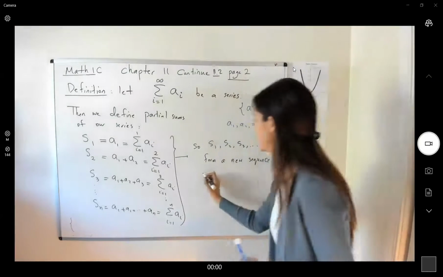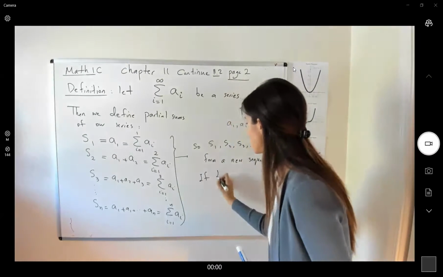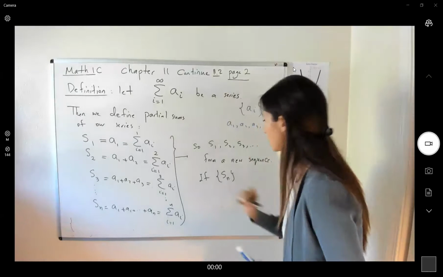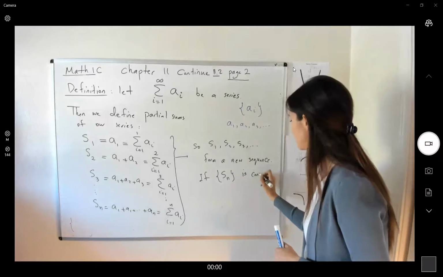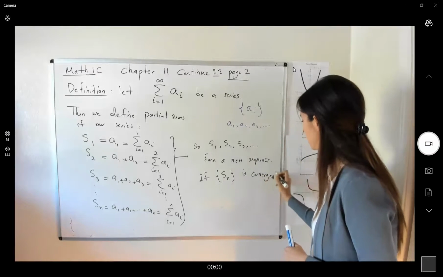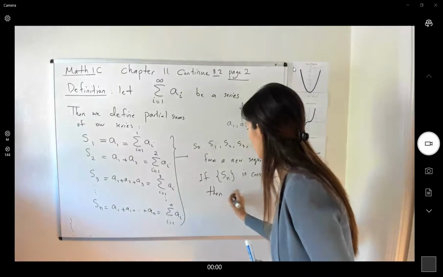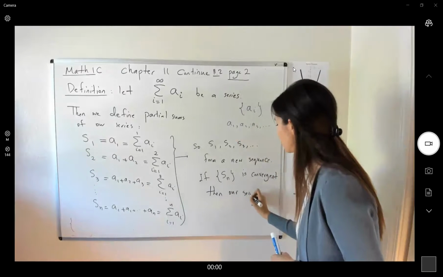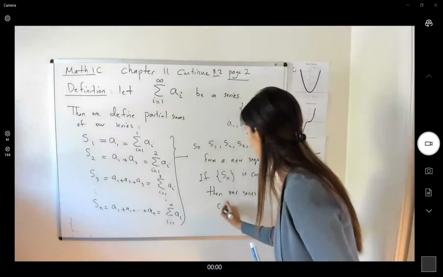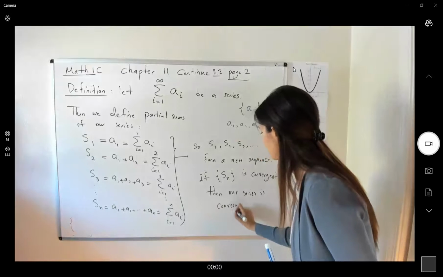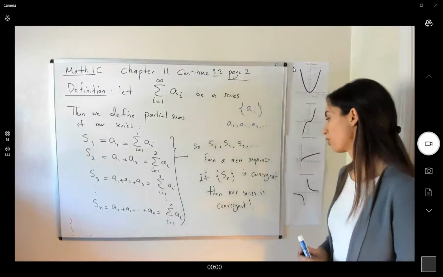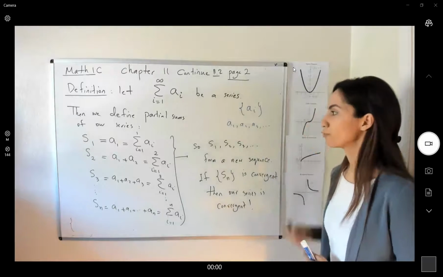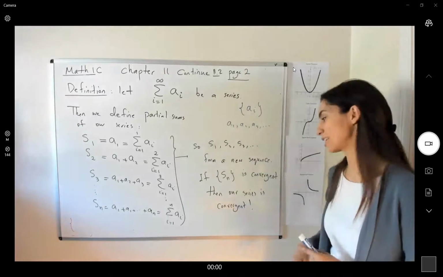We say that if the sequence S sub n is convergent, then our series is convergent. This is the convenient way to define convergence for this new object that we defined.